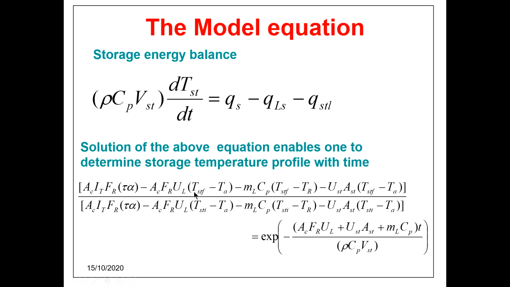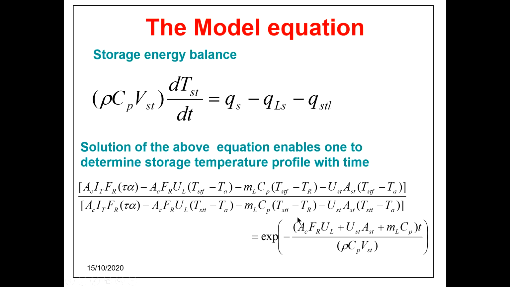So it is ACFRUL, TST final storage temperature minus ambient, final storage temperature minus makeup water, against the initial storage temperature in the denominator, TSTI minus TA. So this is the ratio of final condition by initial condition, which equals the exponential of this. After integration, you will get all these parameters.